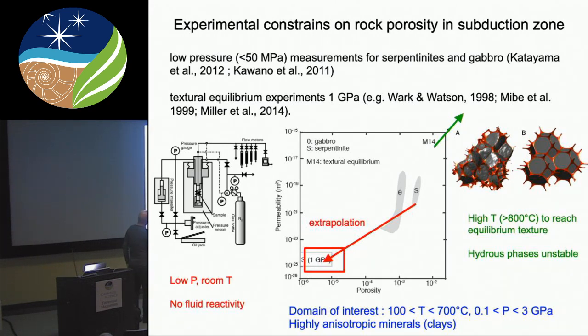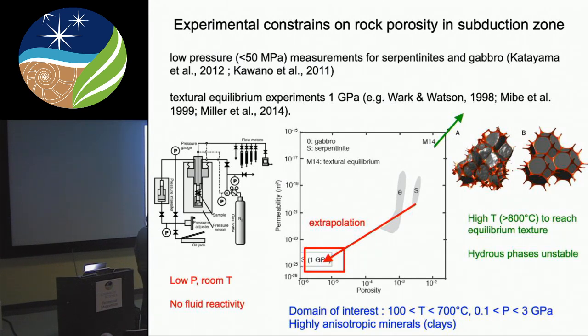You have also rather high temperature experiments in which you can reach equilibrium texture where the porosity can be described by only one parameter, which is the wetting angle of the fluid with the mineral.